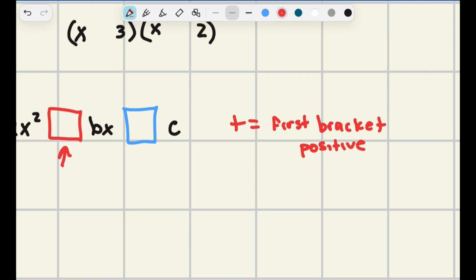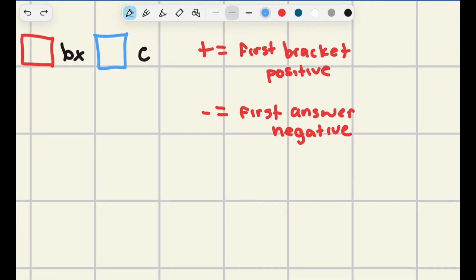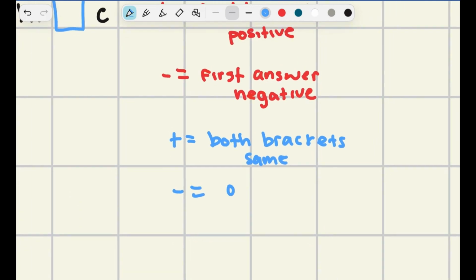If this value was a negative, then that means your first answer, bracket, whatever it is, is going to have the negative sign. If your second sign is a positive, it means both brackets or both answers will be the same. If it was a negative, it means that they will be opposite signs.